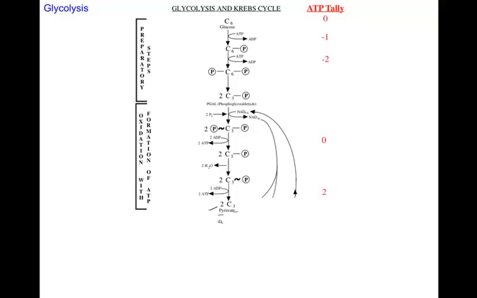Okay, here you see what I was talking about a moment ago happening. The high energy phosphate breaks off. It is transferred to ADP to make 2 ATPs, 1 from each of those 2 3 carbon molecules. And if you look over at the tally sheet, where we had broken even a couple steps before, now we are up 2 ATPs. We have now, for that glucose molecule, produced 2 ATPs.